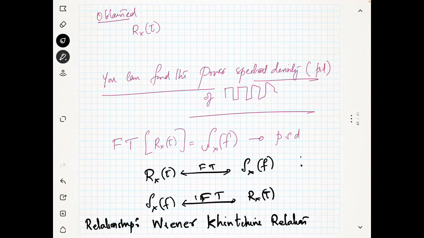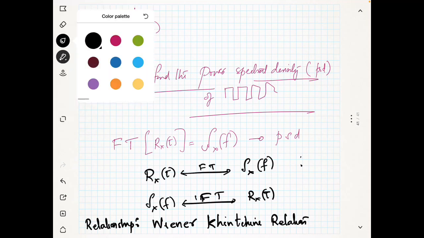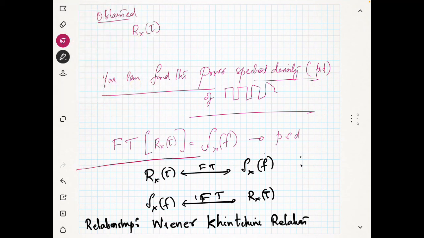This I forgot to explain in the last lecture. So this is nothing but the Wiener-Khinchin relationship, and it's very important. You should know this relationship.